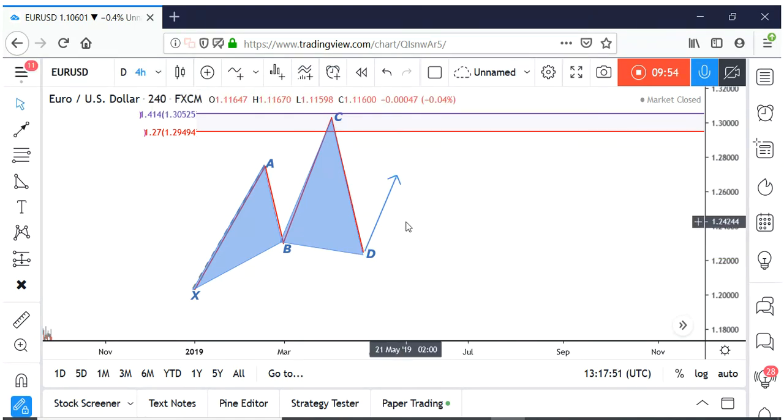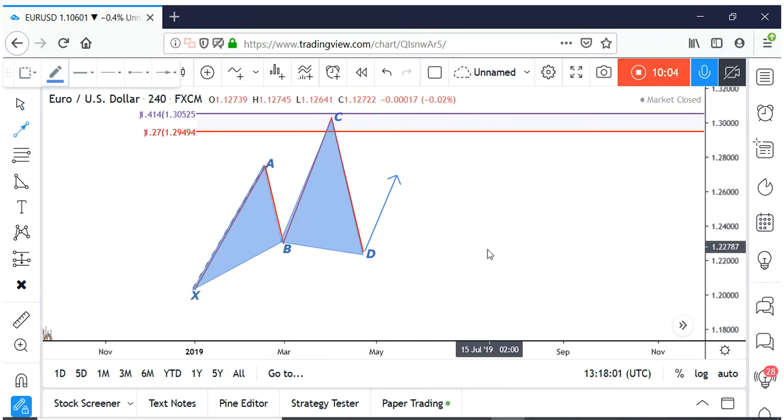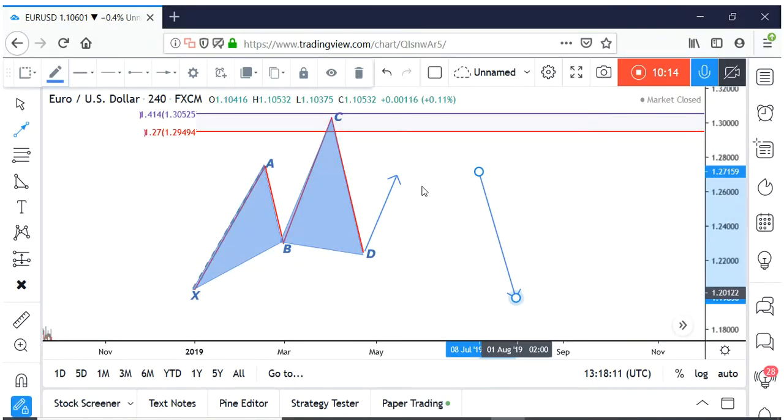Now let's do the bearish, the opposite of this. Everything that we've done, we're just going to do the opposite way. The first thing we need to do is to identify the anchor leg or the impulse leg or the first leg. So we identify it. So move down. Just going to change the color.